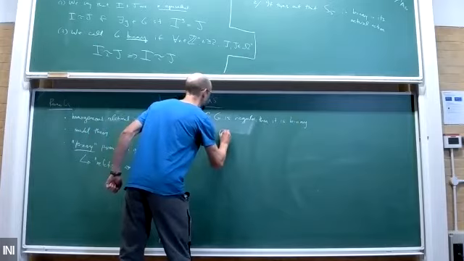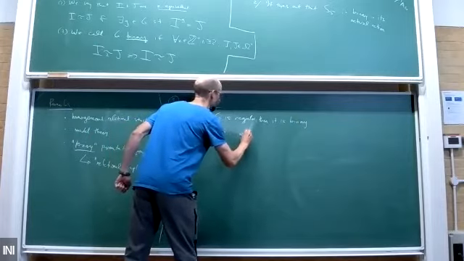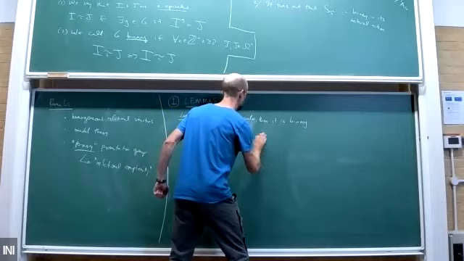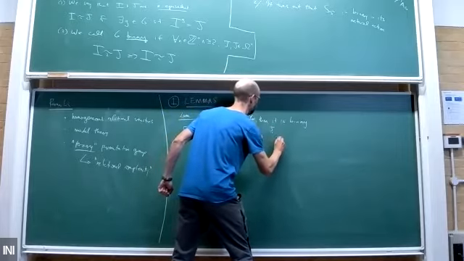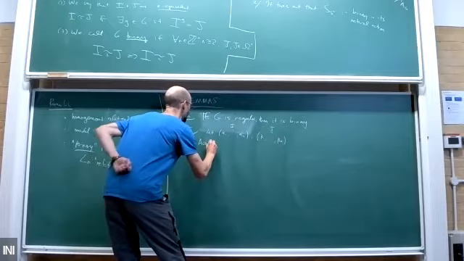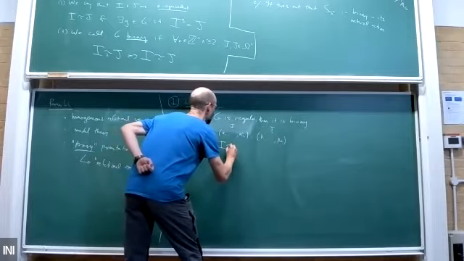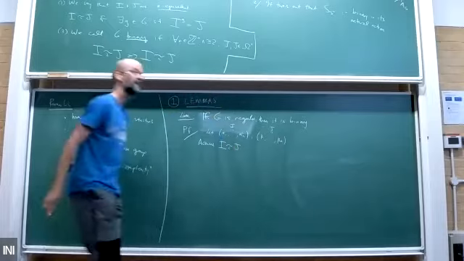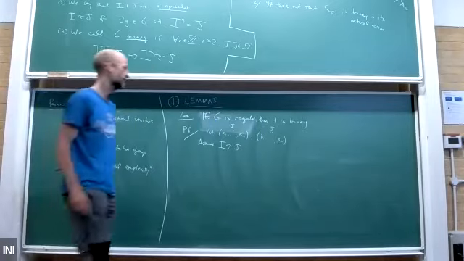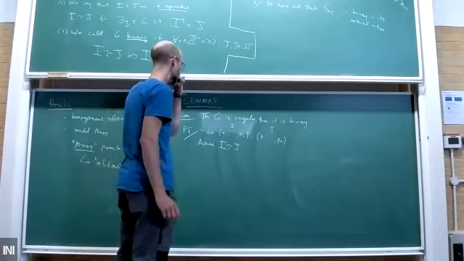let alpha 1 up to alpha n be some tuple of elements, and we assume that these fellows are 2 equivalent. Okay, and then I've got to show that they're n equivalent. So what does 2 equivalent mean?